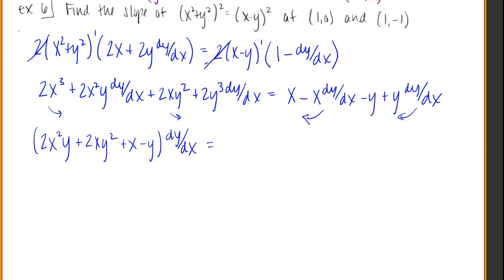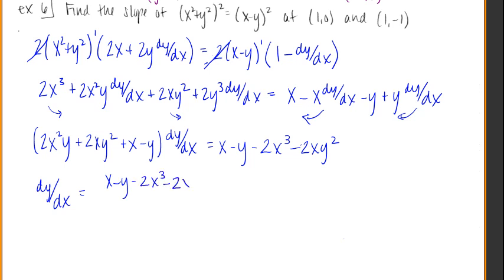And then on the right side, I had an x, a minus y, minus 2x cubed minus 2xy squared. So all in all, the derivative is x minus y minus 2x cubed minus 2xy squared, all over 2x squared y plus 2xy squared plus x minus y.